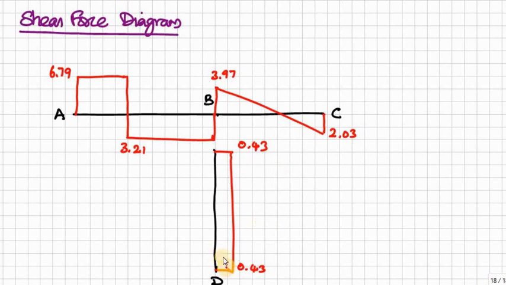That's why we consider the horizontal force for BD member. That is the force which is perpendicular to the member, that we have to consider for the shear force diagram. For AB and BC, we consider the vertical reaction. Only the force perpendicular to the member will create the shear force. So this is the shear force diagram.